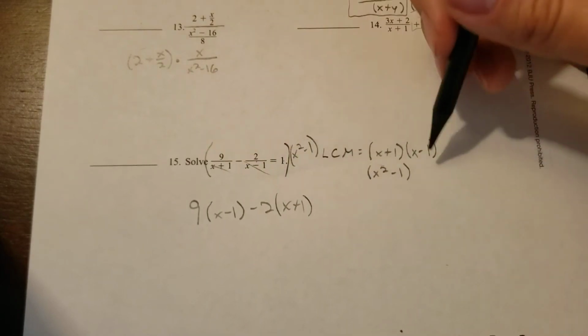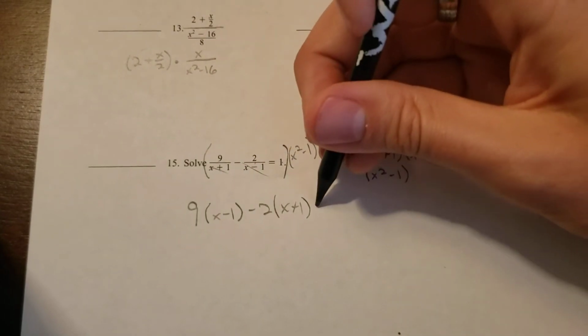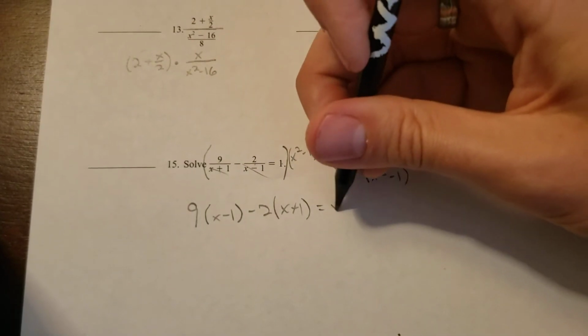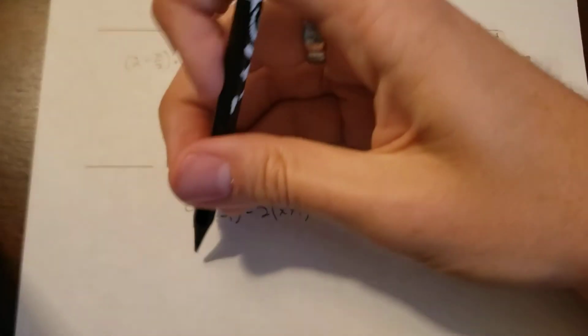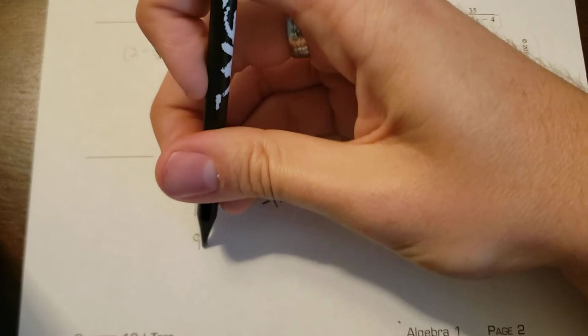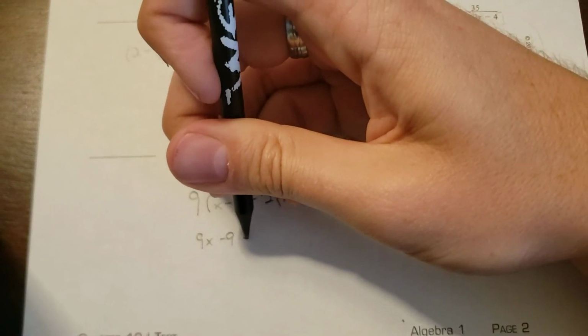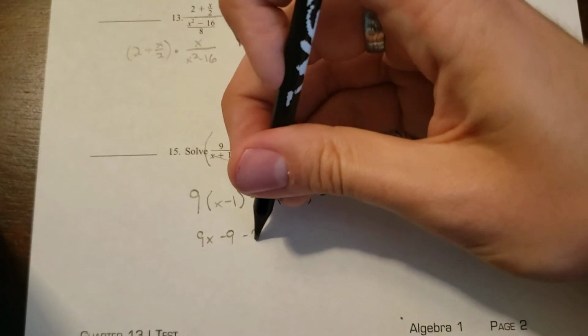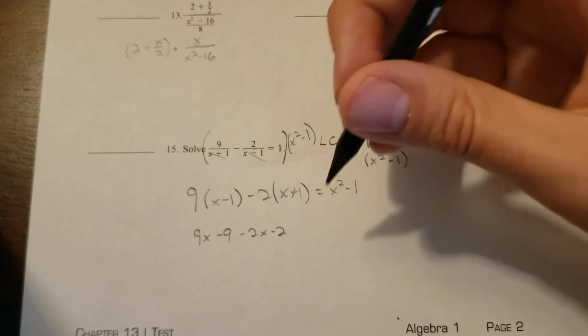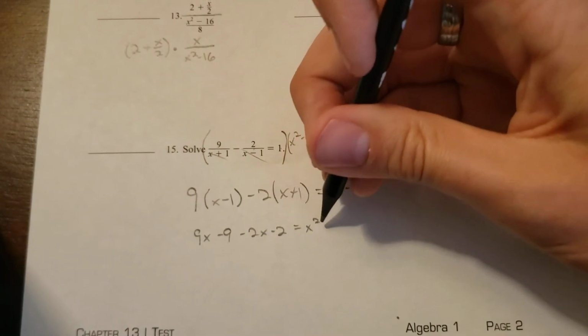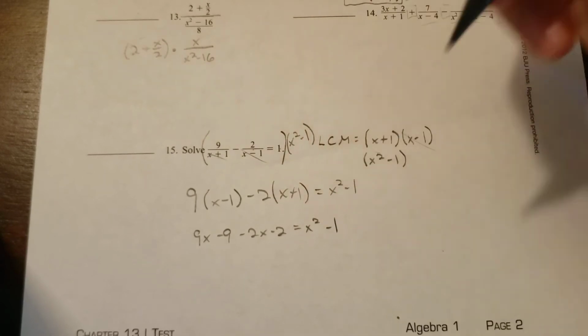Because this cancels out with that, equals x squared minus 1. So that's 9x minus 9 minus 2x minus 2 equals x squared minus 1.